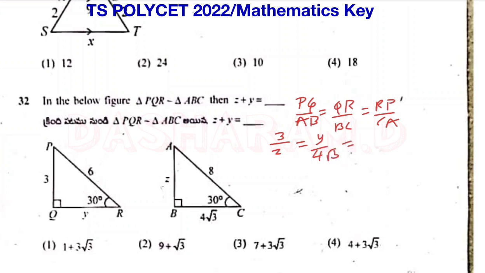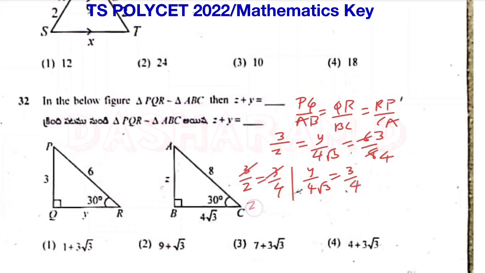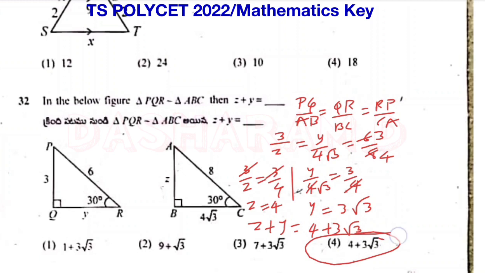Next, PR is 6 and AC is 8. Now find Z and Y separately. 3 by Z equals 3 by 4, and Y by 4 root 3 equals 3 by 4. Here 3 cancels, then Z is 4, and here 4 cancels, Y equals 3 root 3. But it is asking Z plus Y, so 4 plus 3 root 3. Option 4 is correct.